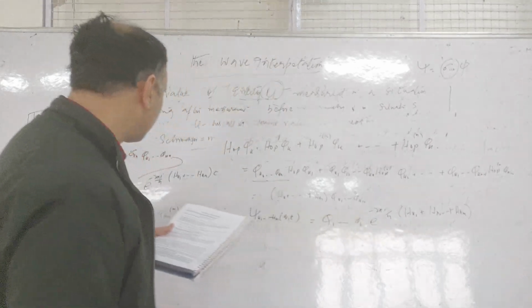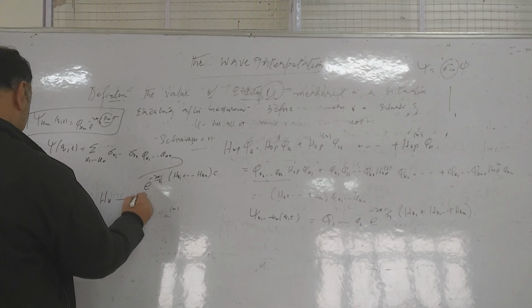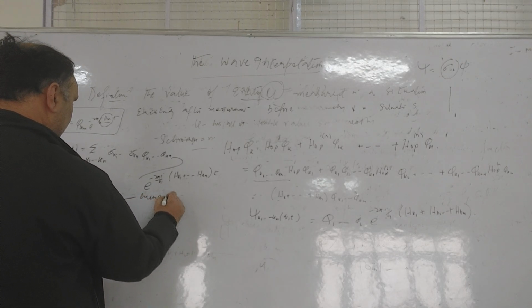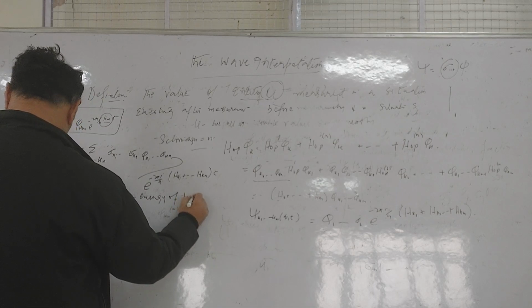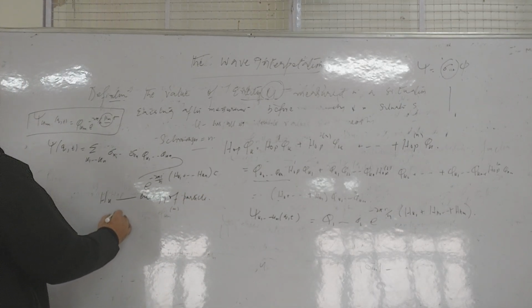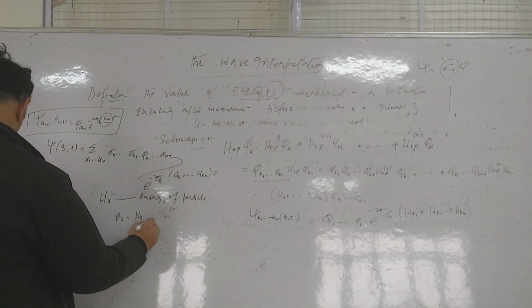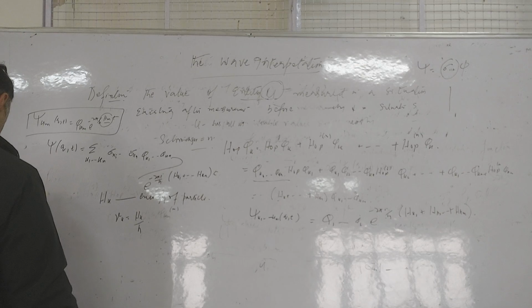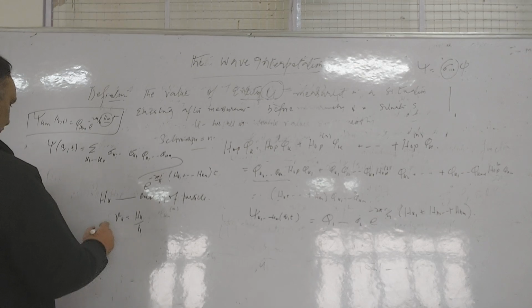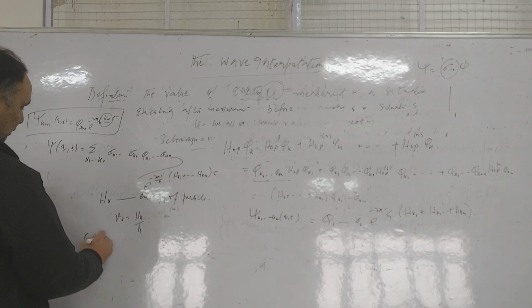Whereas you can say hk in the corpuscular interpretation maybe represents energy of the particle. So in the wave interpretation, this is equivalent to hk by h. So we can say how we can relate corpuscular and the wave.